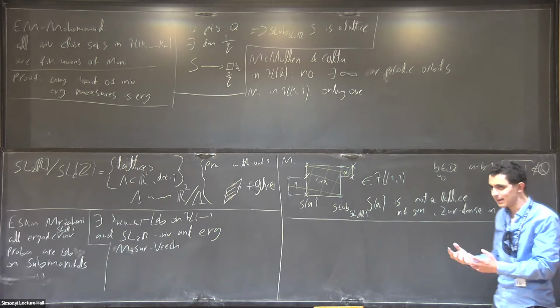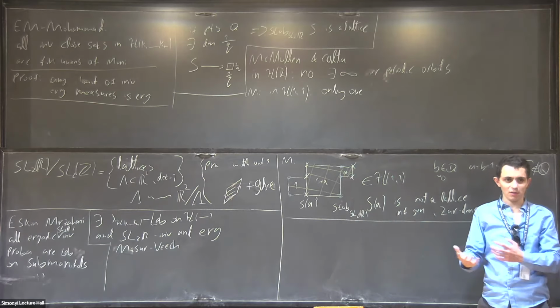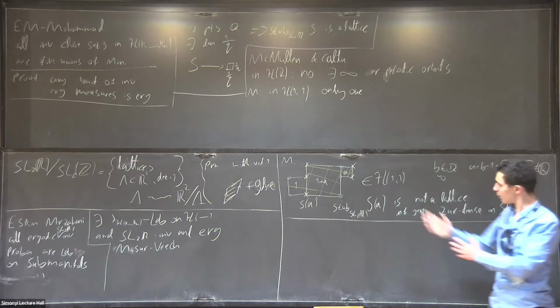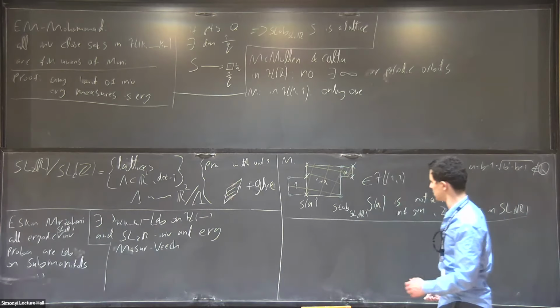So being able to identify some elements gives you very little power on how to control the group. Yet I want to prove something about this group.